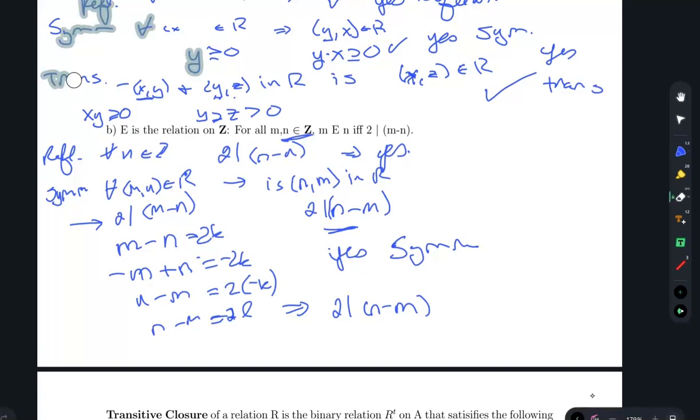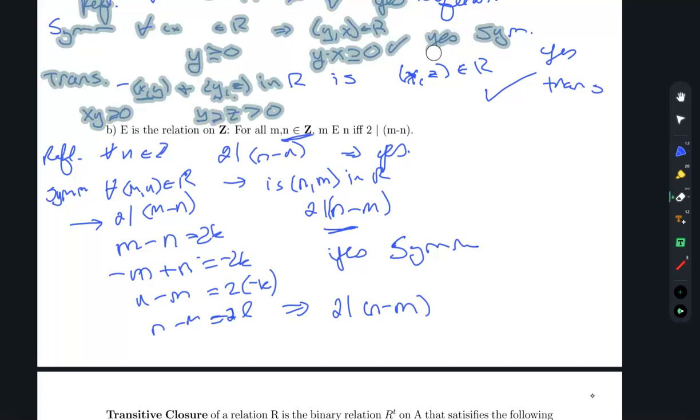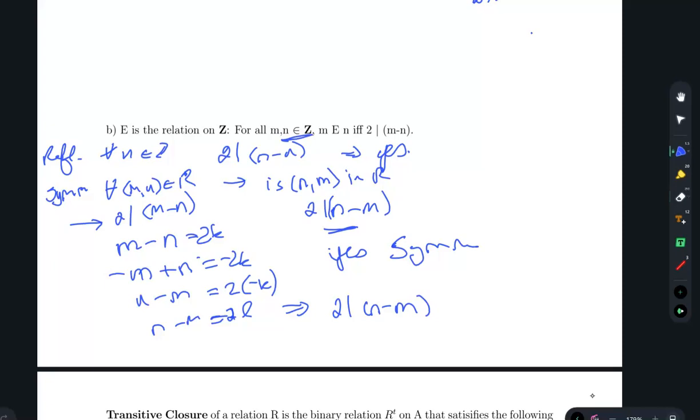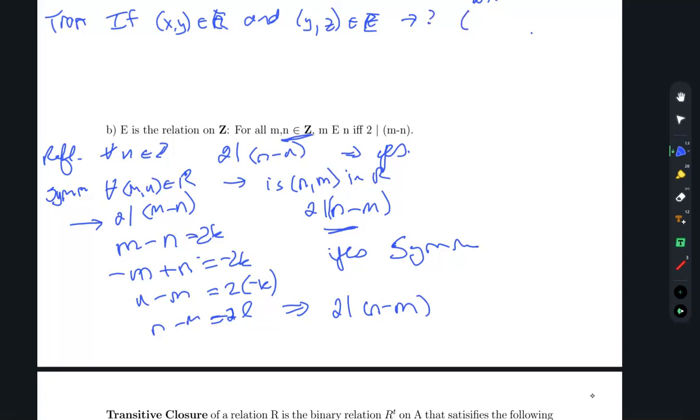Okay, so I'm going to do the transitive up here. For transitive, we have to have two elements in the relation. If I have x, y in the relation and y, z in the relation, I should be saying the letter E, because the relation is called E. Is it true that x, z is in the E relation?